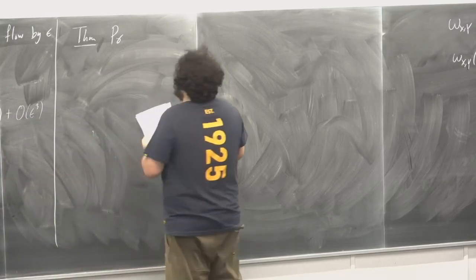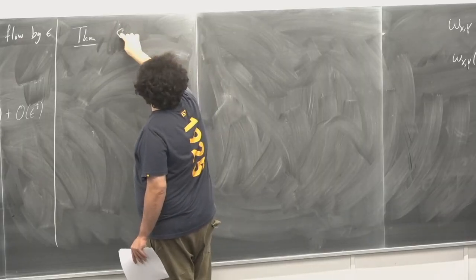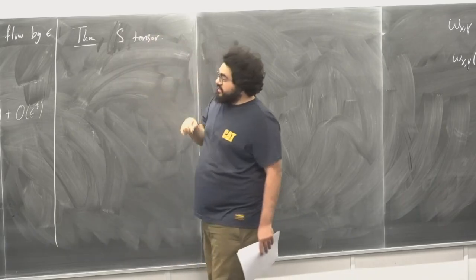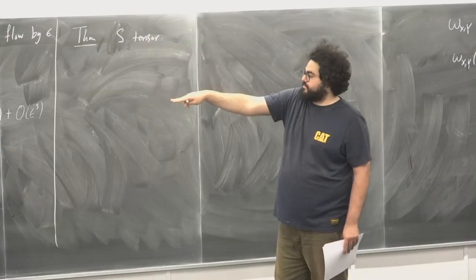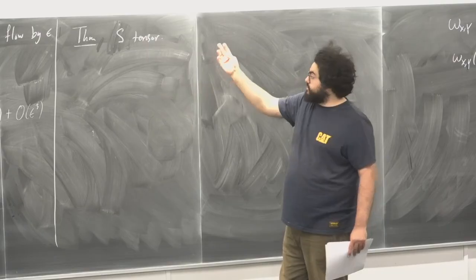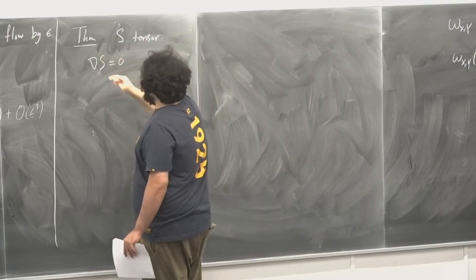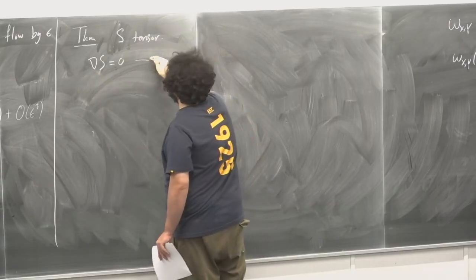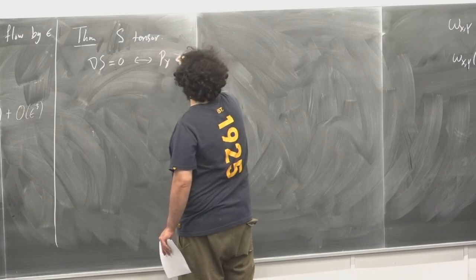But essentially, if we have some tensor S, we can take it as valued in some tensor products of these E bundles and the E star bundles, and it satisfies that nabla S is equal to 0, where this is the induced connection, then basically this thing is fixed by parallel transport.